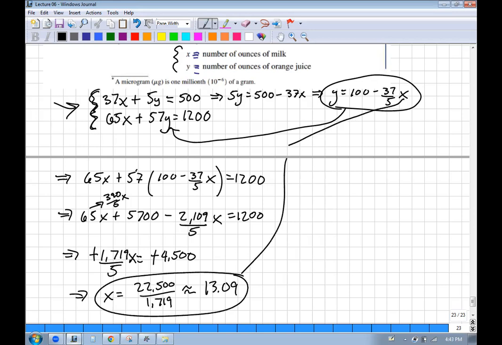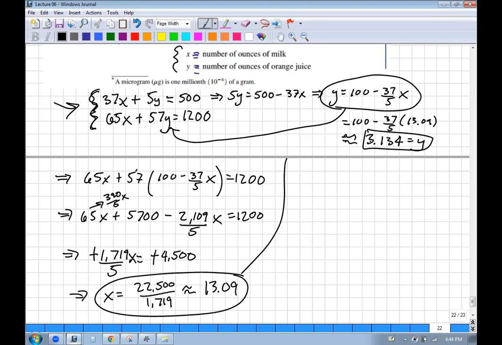I'll plug it in up here. So this is 100 minus 37/5 times 13.09. So negative 13.09 times 37 divided by 5, then add 100. I'm getting approximately 3.134 for my y value.